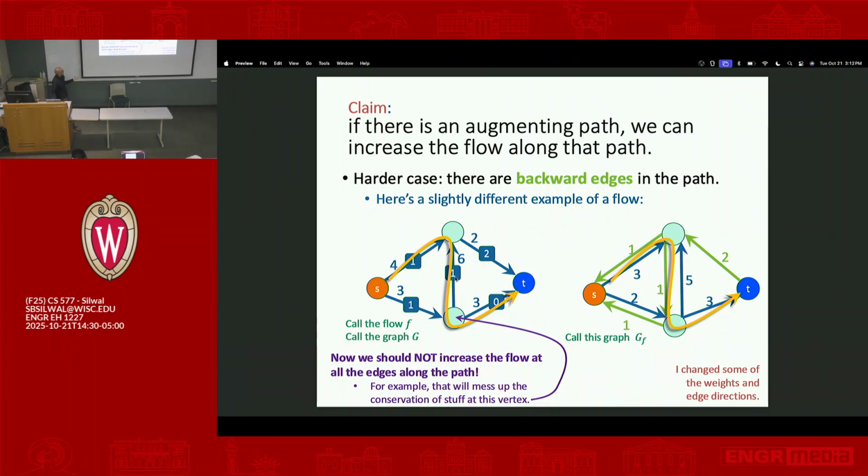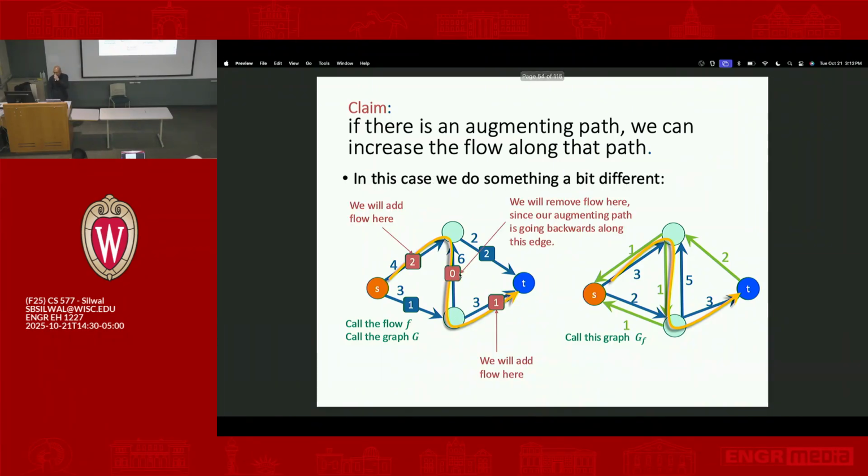First of all, if I increase flow here, let's say 1 to 2 to 2, then this is not going to satisfy conservation. It's like, where did this 2 come from? That's a little bit weird. So instead, if I go through a green edge on this graph, what that means is I'm canceling the flow on this edge. Does that make sense?